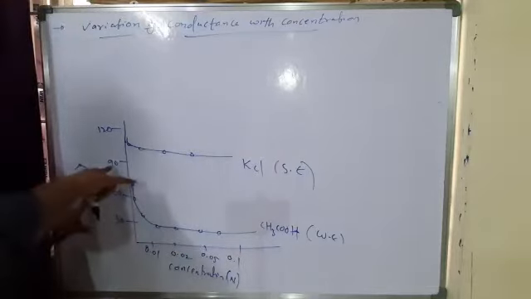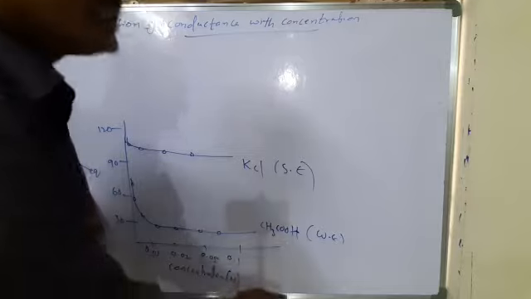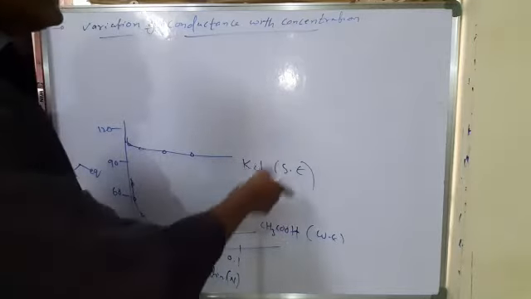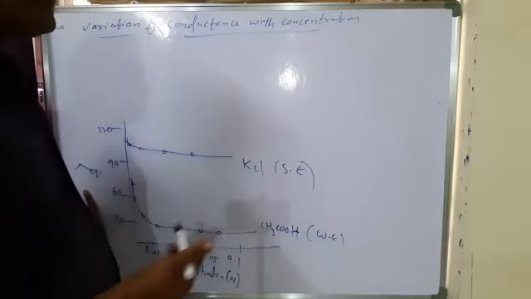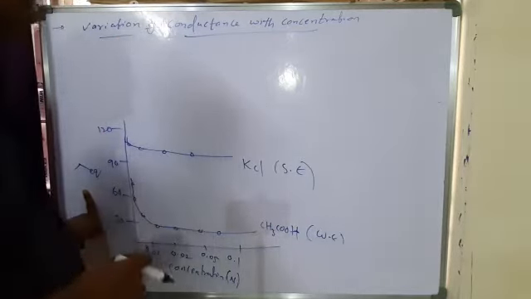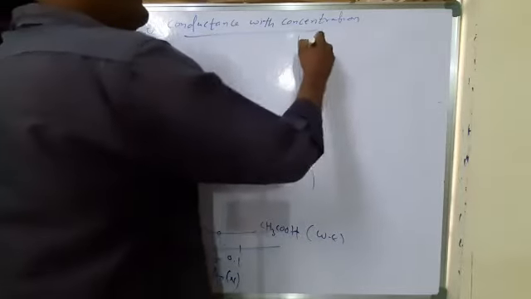But for strong electrolytes, the equivalent or molar conductance increases slowly.